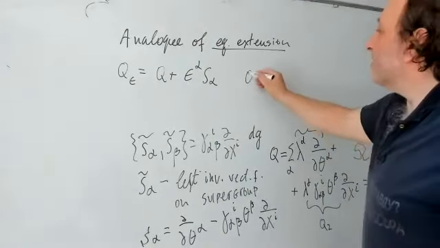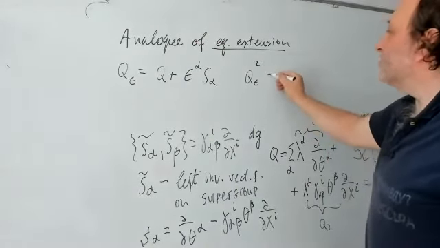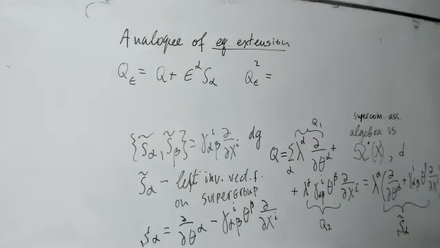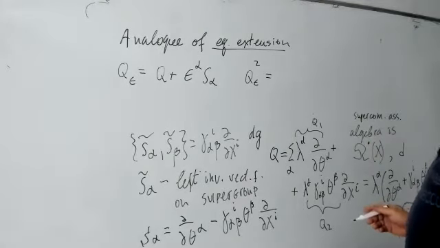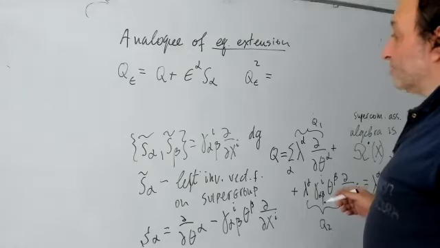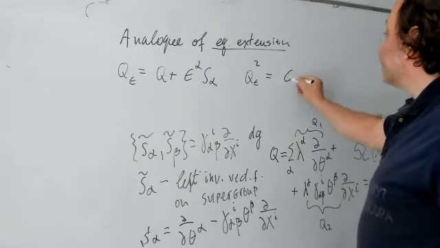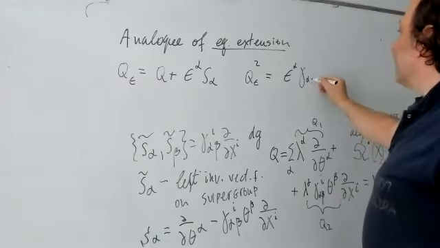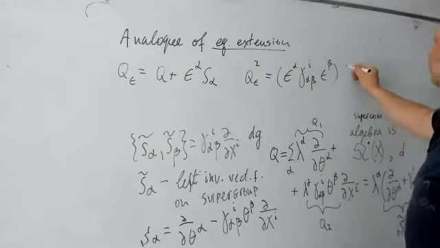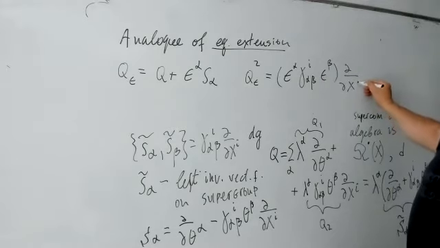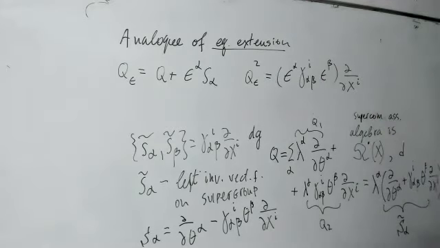However, this Q epsilon does not square to 0. It's easy to see that this Q epsilon squares to epsilon alpha, gamma alpha beta I, epsilon beta, d over dxi. So it doesn't square to 0.